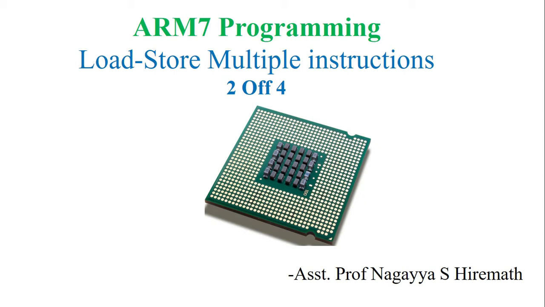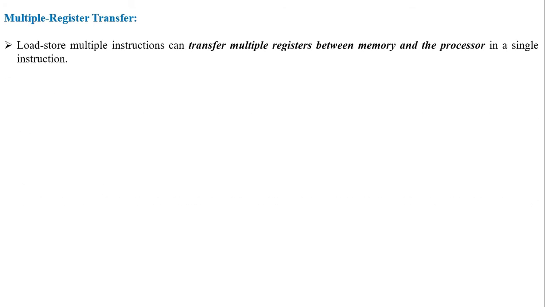Come, let us see how these store instructions work. It belongs to multiple register transfer instructions. We know that load store multiple instructions can transfer multiple registers between memory and the processor in a single instruction.